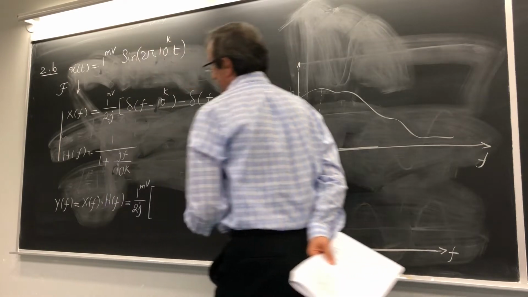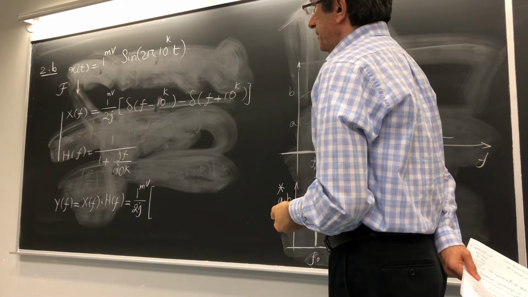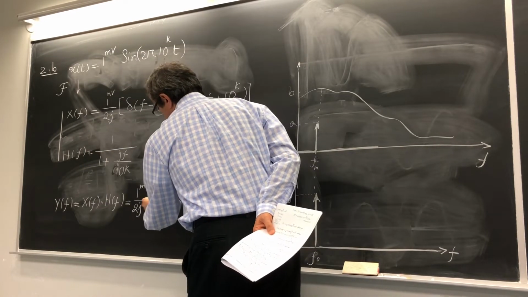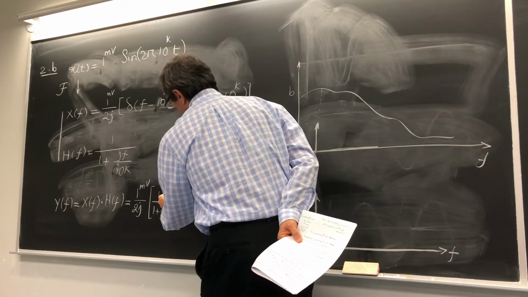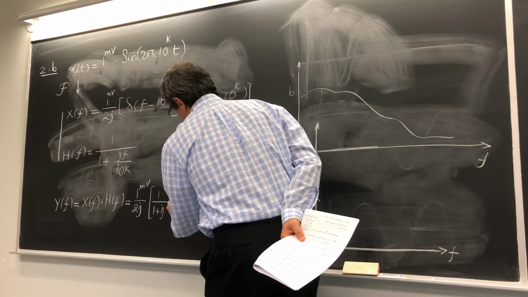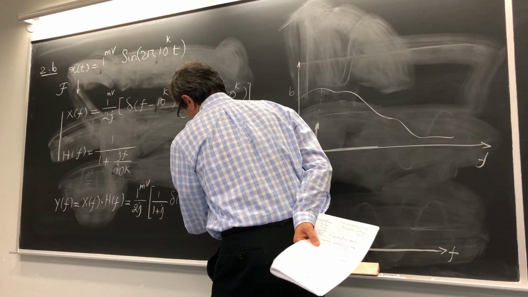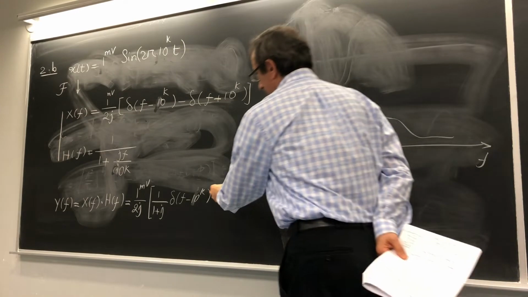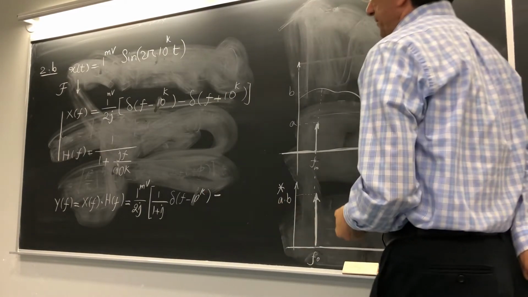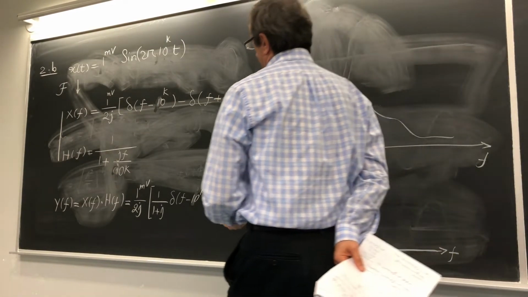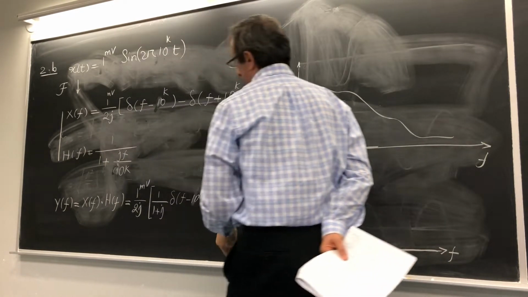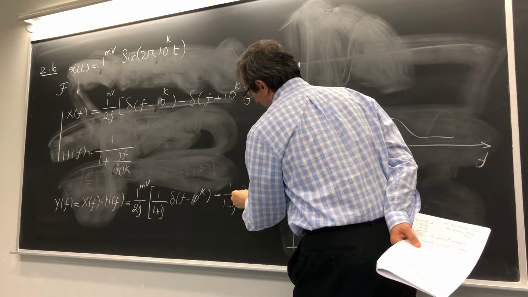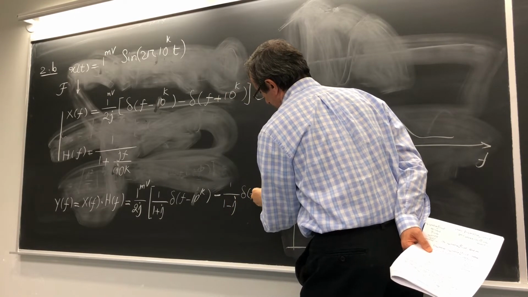That will be cancelled out with the denominator, and the result would be a term of 1 over 1 plus j times a delta function at the same place. This is the first term. And the second term would be 1 over 1 minus j times the same delta function, delta of f minus 10k.